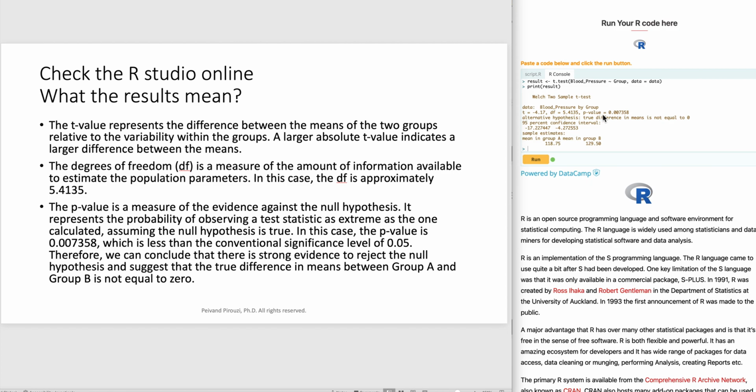hypothesis is true. So in this case, the p-value is 0.007358, which is 0.07%, which is very low, less than the conventional significance level of 0.05, standing for 5%.